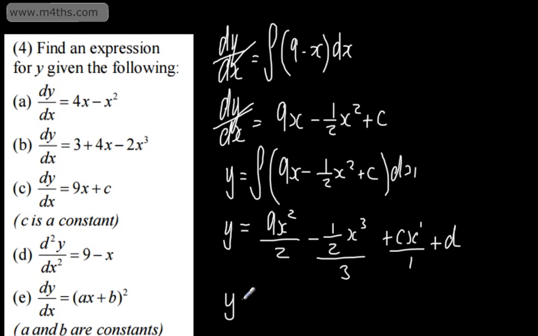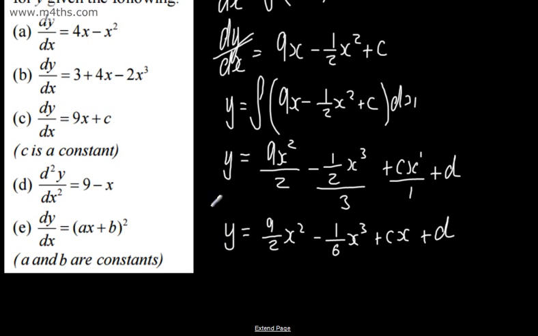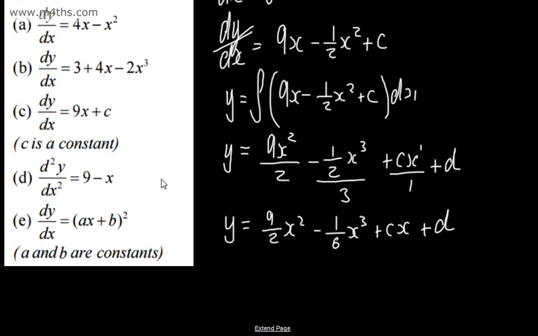So tidying this up, y is equal to 9 over 2 x squared minus 1 over 6 x cubed, plus cx plus d. So you can see when you differentiate this twice, the first time the d will disappear and just give us c. The second time, the c will disappear and just give us this linear function 9 minus x.